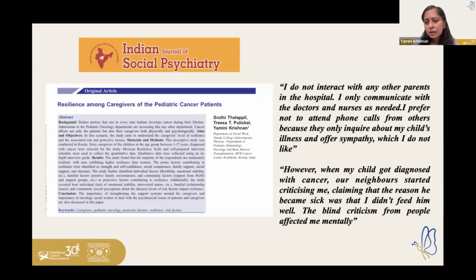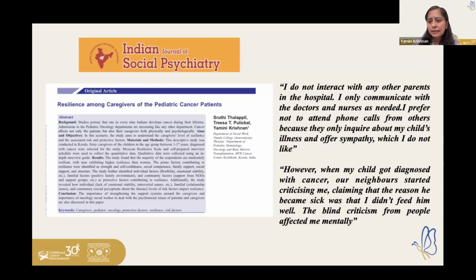If you see the quotes given on the right side, some mothers felt that, "I do not interact with anyone in the society except the doctors and nurses. I don't even attend phones because they inquire about the illness but offer only sympathy.